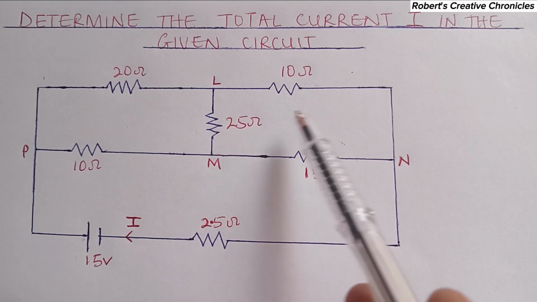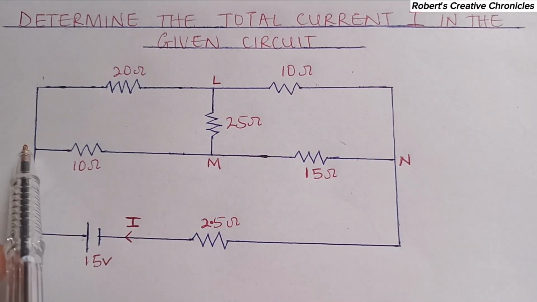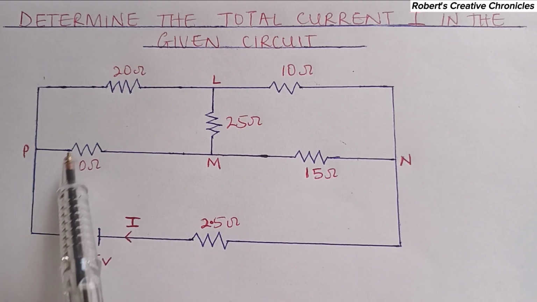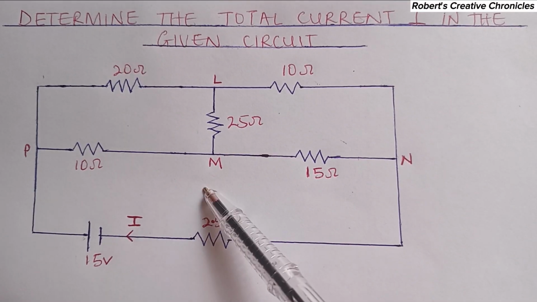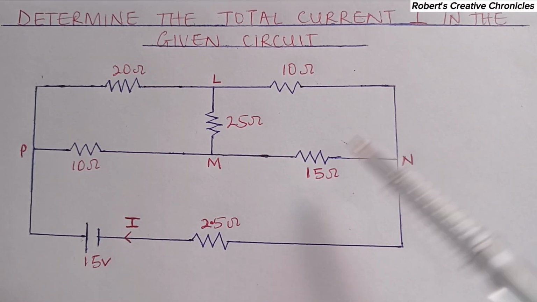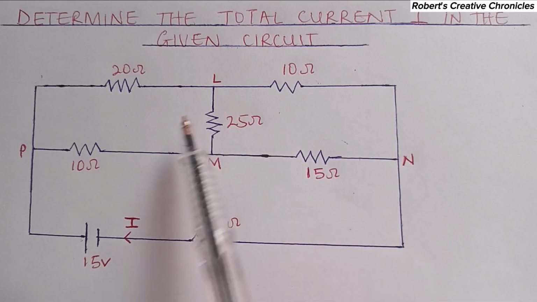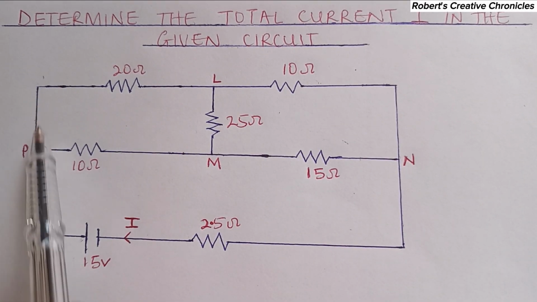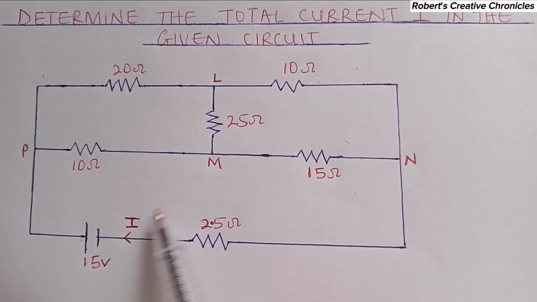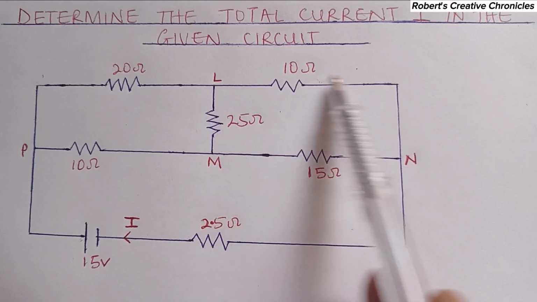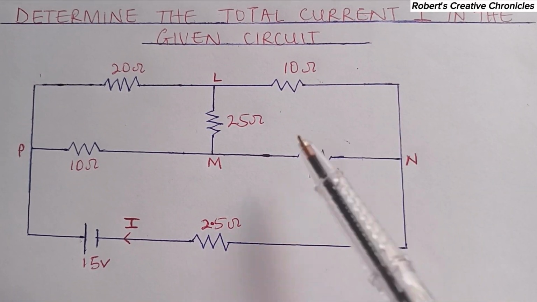The reason we are converting this delta to star is because this network is complex. It's difficult for you to know the resistances that are in series and in parallel. Unlike the usual easy ones that we do, this one is a complex circuit. You cannot really know from the current entering it, you will not really know the direction, and you will not really know the ones that are in series and the ones that are in parallel.